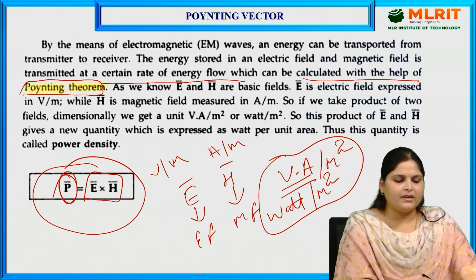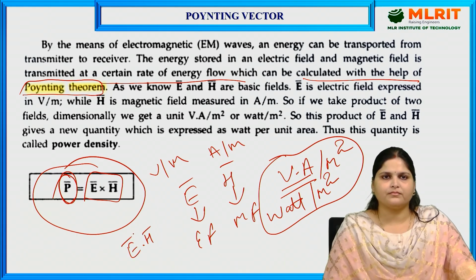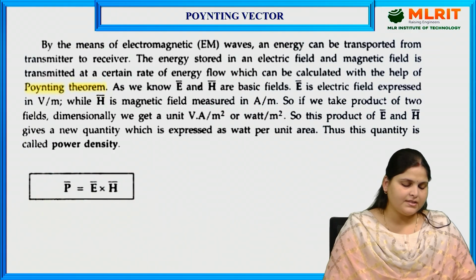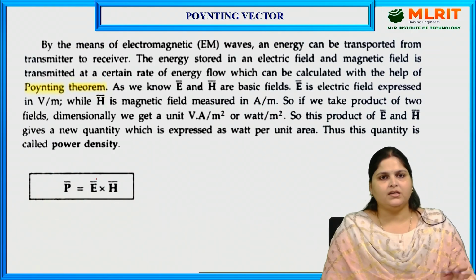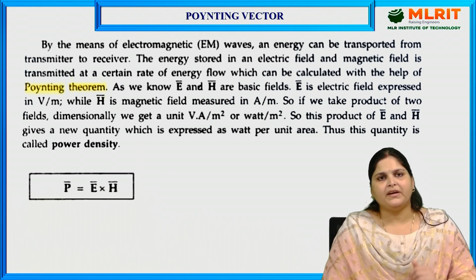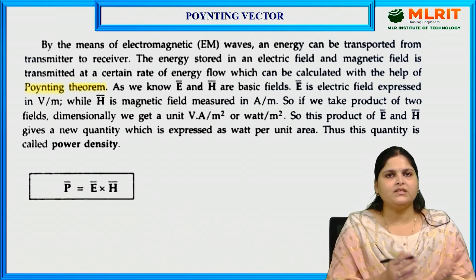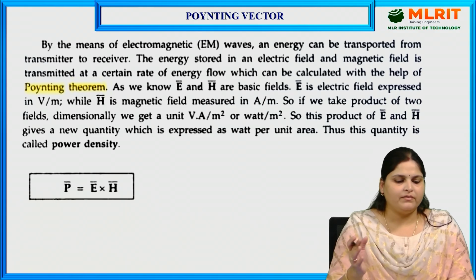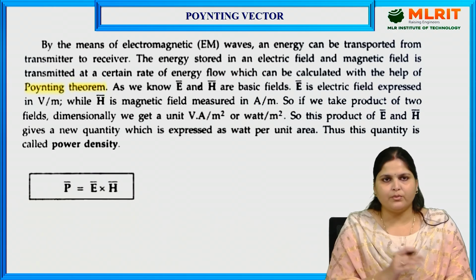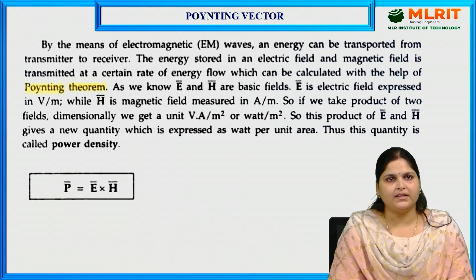Now you must be thinking, when we are taking a product we can take E dot H also, then why are we taking only the cross product? The reason is, when we take the dot product of vector quantities, it will not be directional. And as we know, whenever we transmit energy from one side to another, for example with the help of a transmitter, it will be in some particular direction. So we need this power flow as a directional quantity, right?